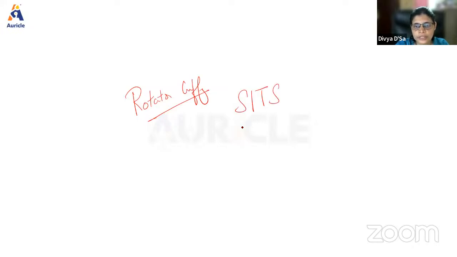So what do we mean by rotator cuff? They are the six muscles. You talk about their origin and insertion. When it is a 5-mark question, you need to talk about the origin and insertion also. If it is a 3-mark question, you just have to mention which are those muscles.